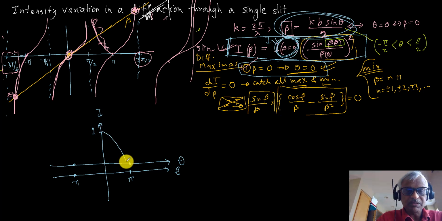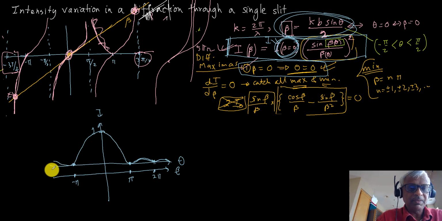So it's going to go like that, and then there will be a maximum here, and then when I go to 2 pi, for that theta it's going to 0 again. So it's going to be like this, and then like that, and the same kind of thing on the other side.